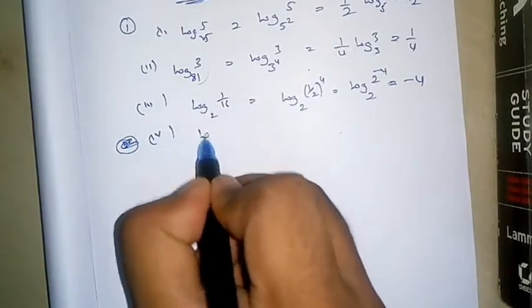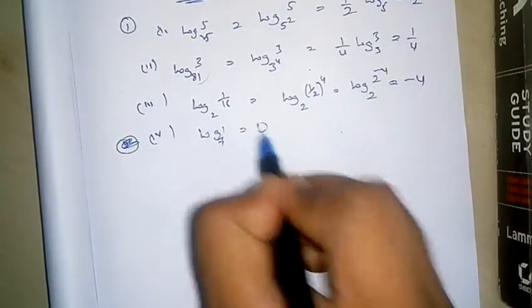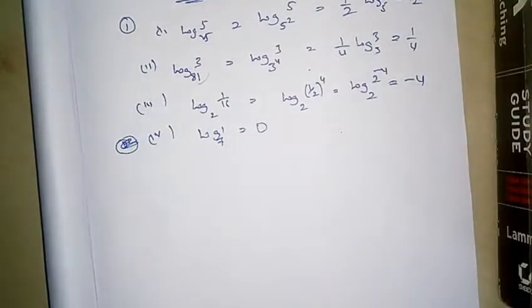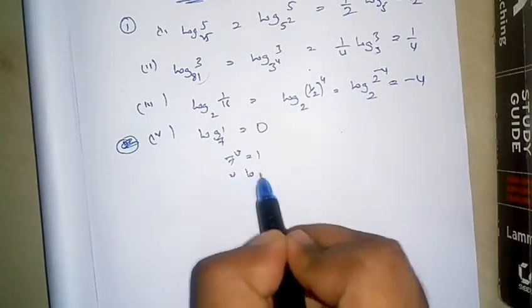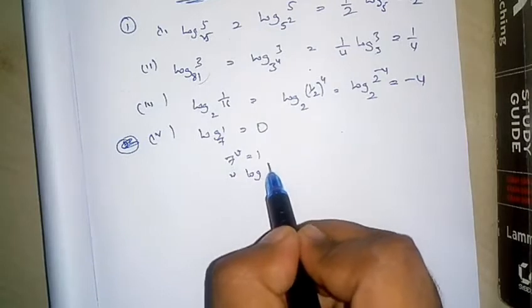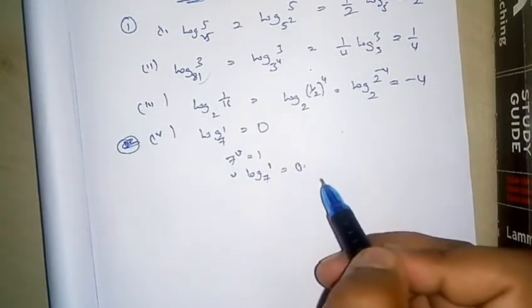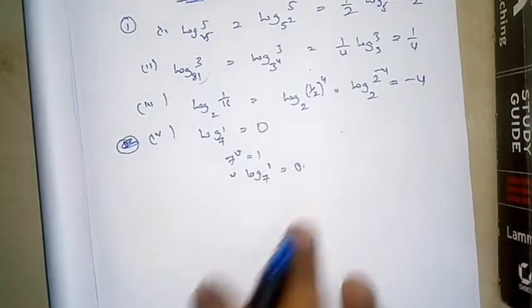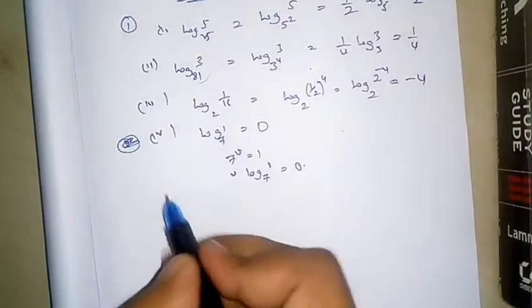Fourth one, log 1 base 7 is equal to 0, because 7 power 0 is equal to 1, which implies log 1 base 7 is equal to 0. Log 1 is always 0 to any base.